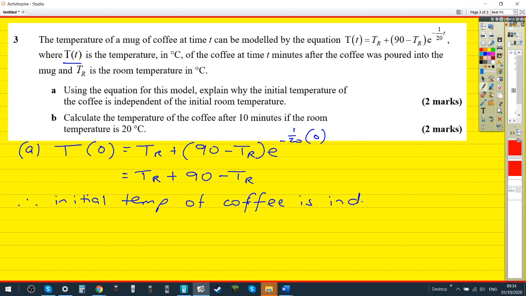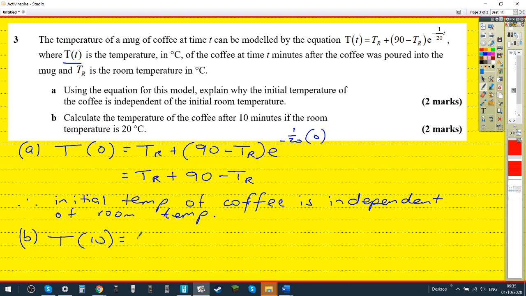The temperature of the coffee after 10 minutes, the room temperature is 20. So does that just mean sub in 20? Is that the T of 20? No, right, sorry. Room temperature is 20. So it would be the T of 10. Yeah.